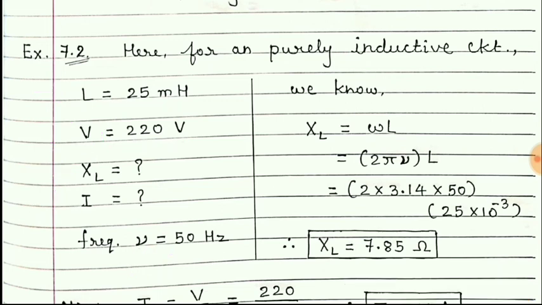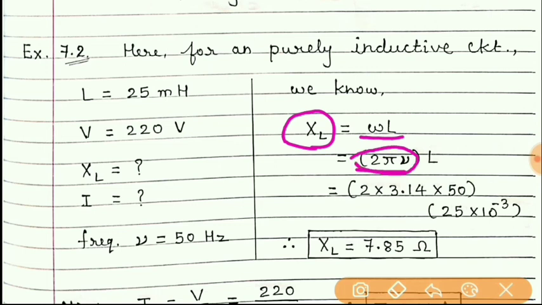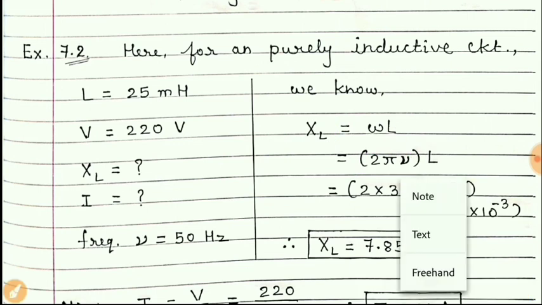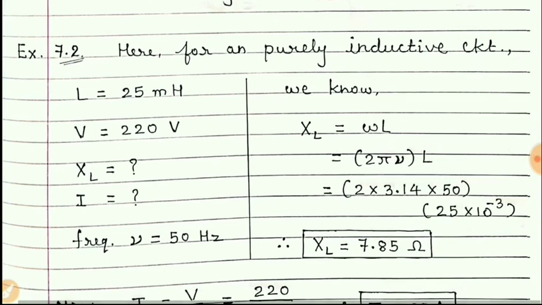Now students, we know that inductive reactance XL is omega L. But what is omega? Omega is 2 pi nu. So we have written omega is equal to 2 pi nu and L as it is. Now all the values are given. Pi is 3.14.